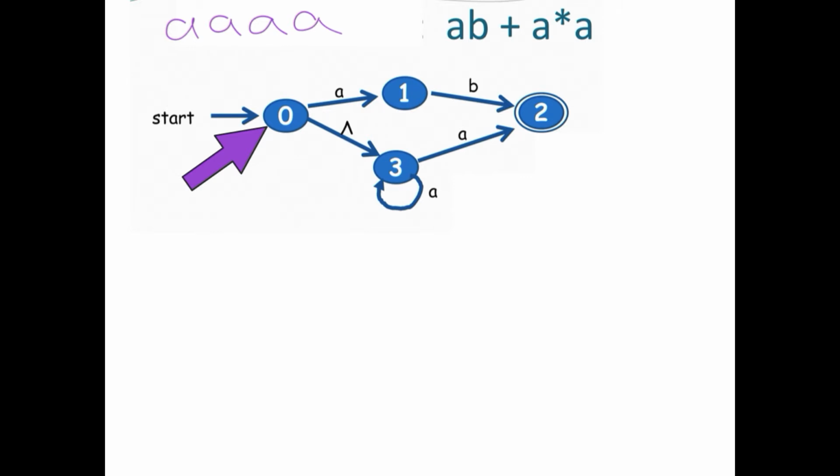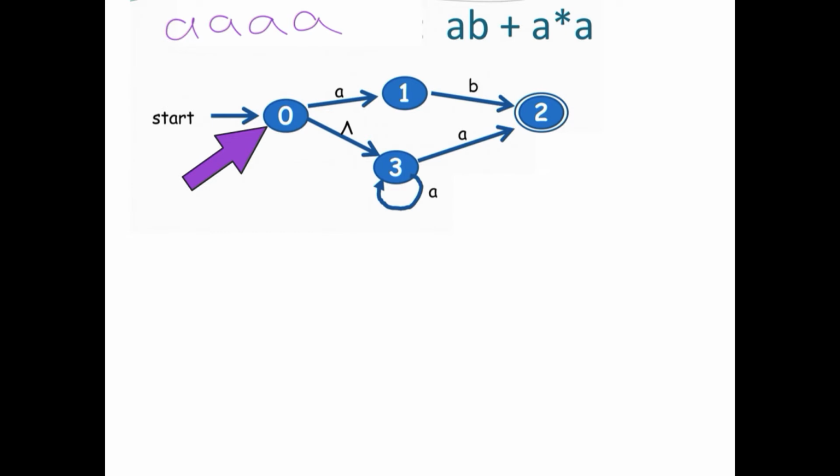But before we make a move ever, we're going to take into account any lambda transitions. It's a two-stage process: we take lambda transitions, then process a letter without thinking about lambda, then take lambdas, then process a letter.